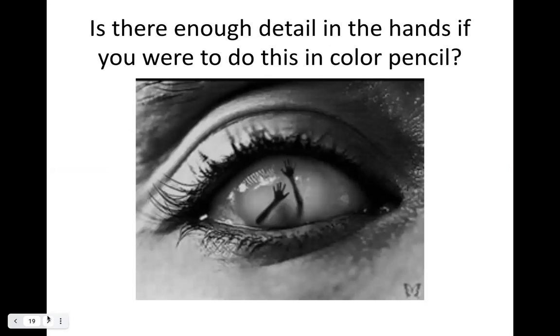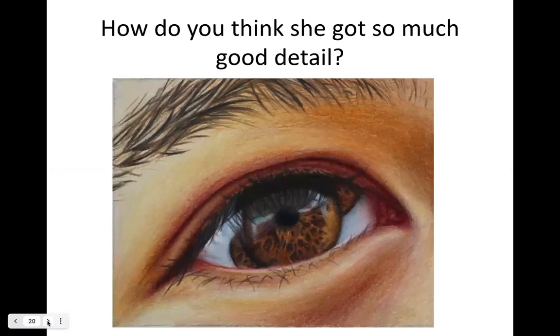Make sure that you have enough detail that you are going to be able to use your color pencil. So you wouldn't want to zoom in so much that you have just flat color, right? How do you think she got so much good detail in color pencil? She used good techniques. So we'll practice color pencil technique.